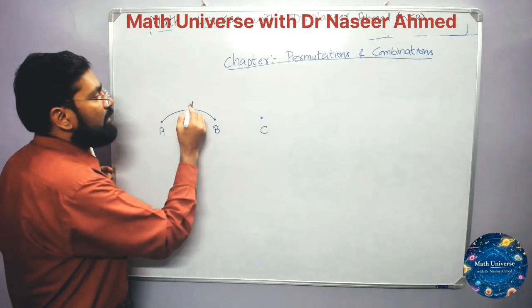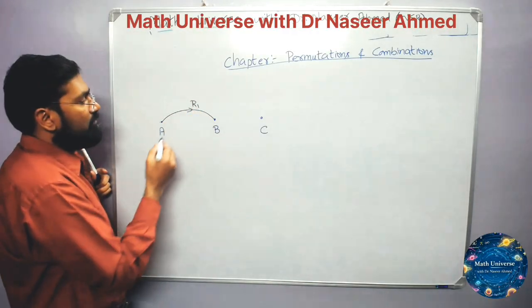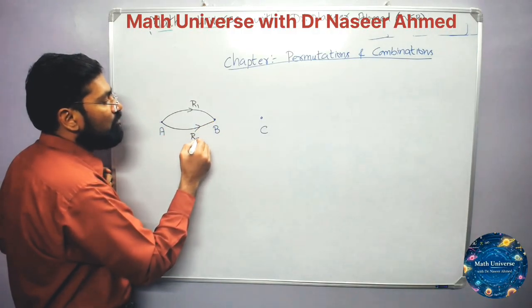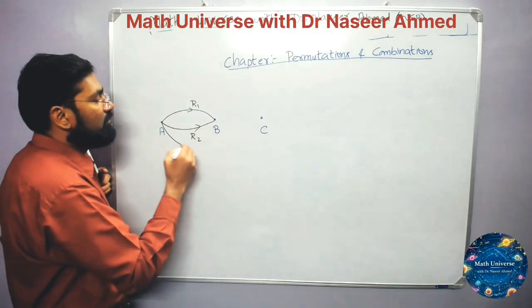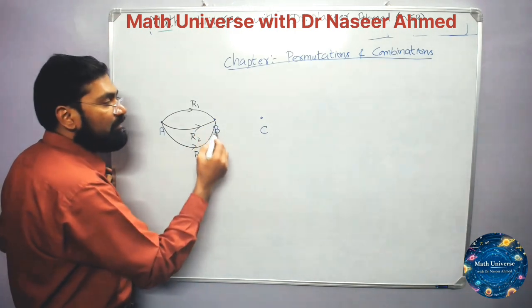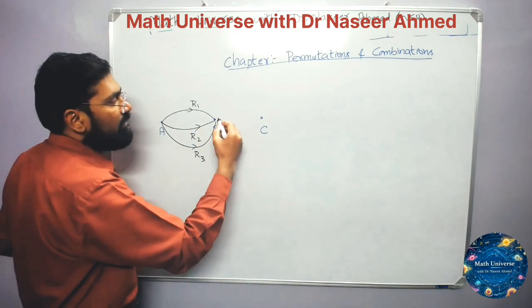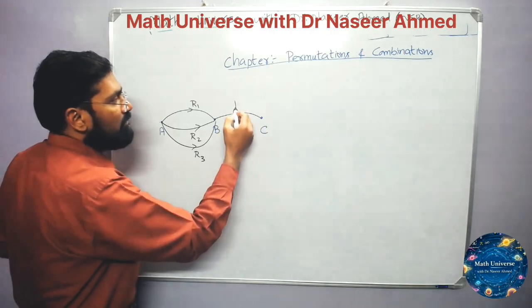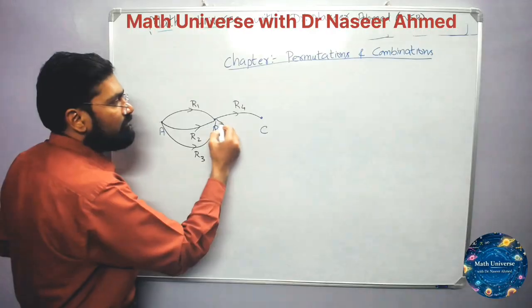Let us suppose by road 1, R stands for road 1, road 2 and road 3. Similarly, from B to C, the path is again by road, let us say road 4 and then road 5.